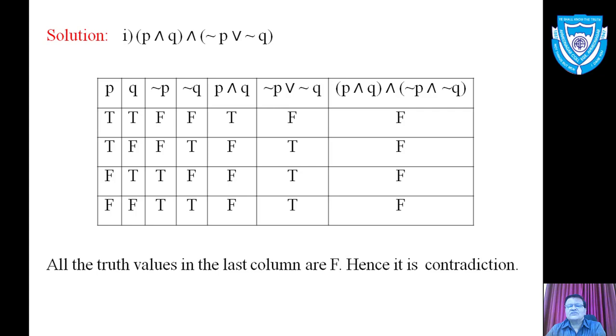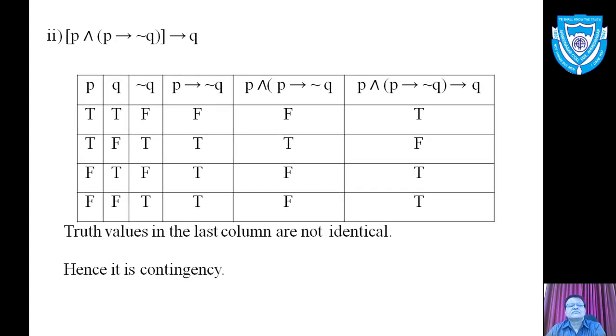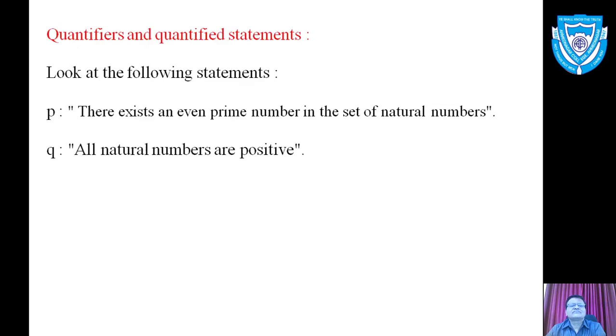All entries in the last column are false for the first statement pattern, therefore it is a contradiction. Here in the last column all entries are neither all T nor all F, therefore it is a contingency. It is neither a tautology nor a contradiction.